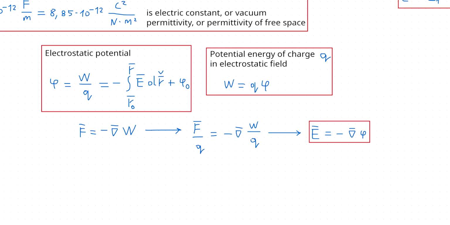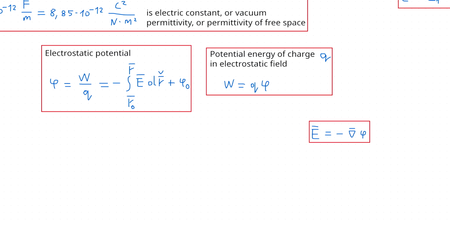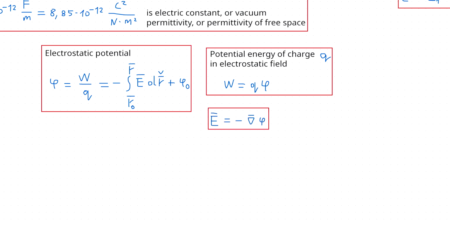This formula and this are almost the same, but the first formula allows us to find the electrostatic potential from electrostatic field intensity, and the second formula allows us to find electrostatic field intensity from electrostatic potential phi.